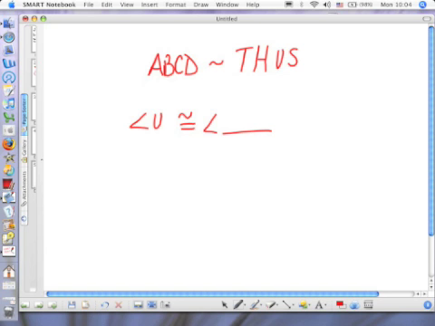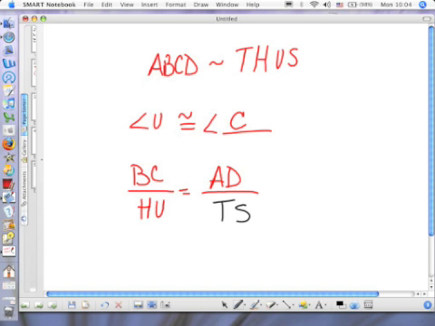Angle C. And BC over HU is equal to AD over what? TS. Understanding that when you say similar parts, the letters and the order of the letters is very, very important. They tell you what the corresponding parts are.